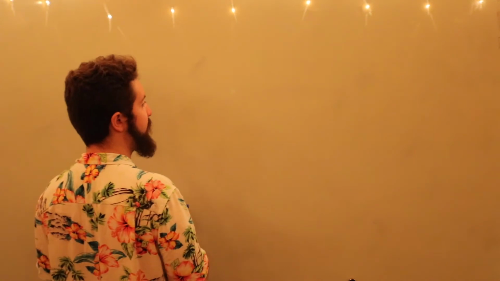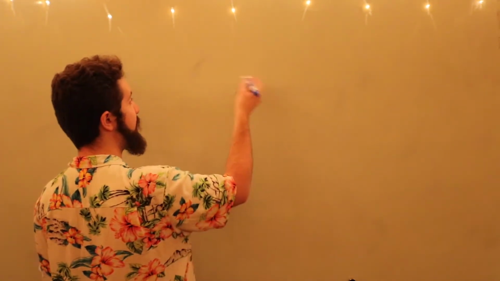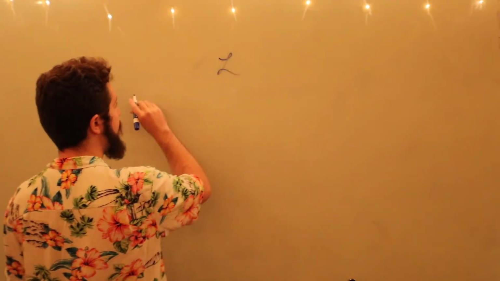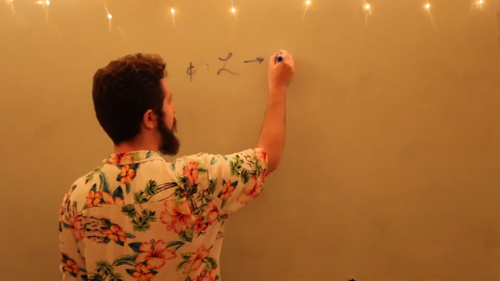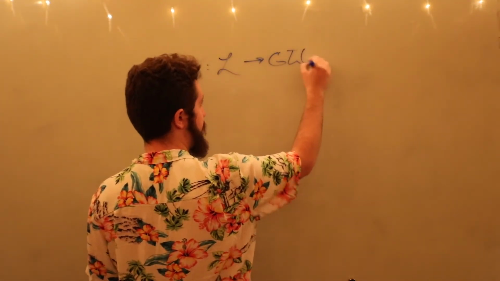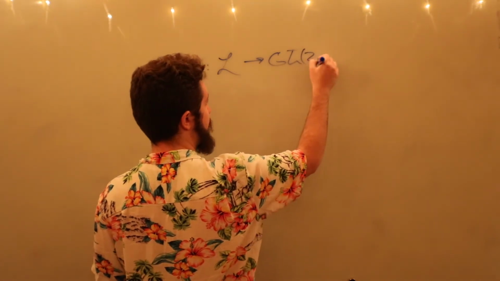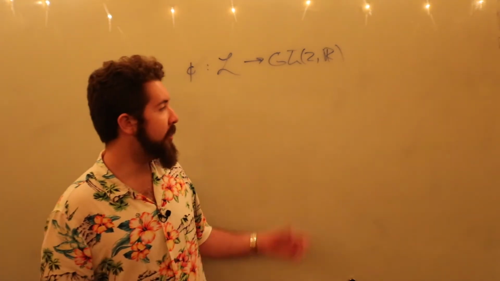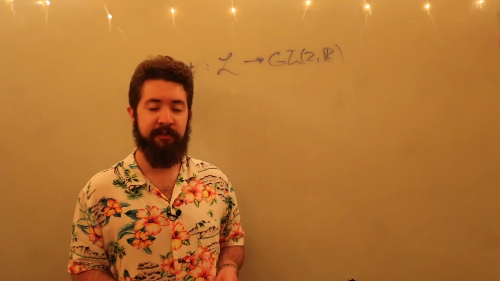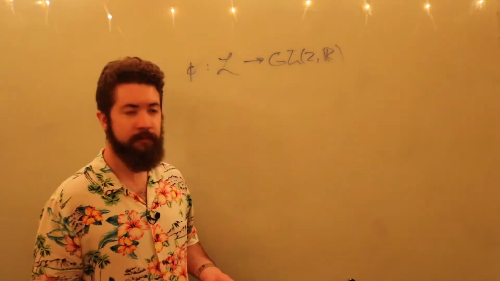Now I would like to consider a homomorphism. From these linear fractional transformations, I will just call them L, a function phi from L to the general linear group of 2 with real coefficients. If I didn't say this before, we are considering linear fractional transformations with real numbers in them.